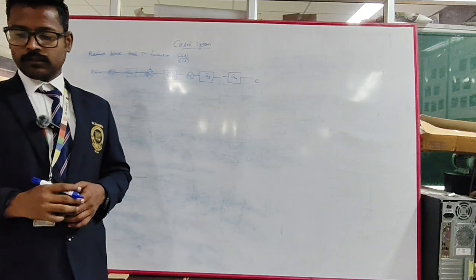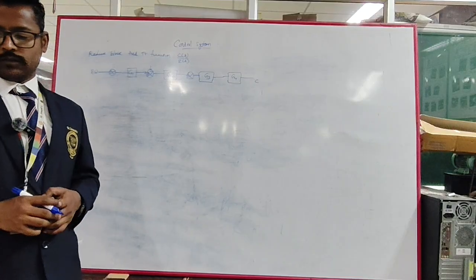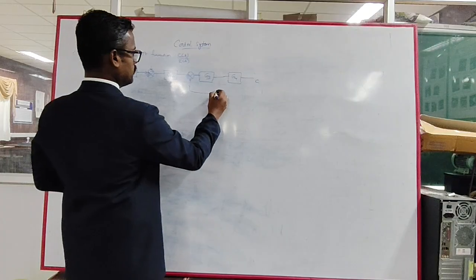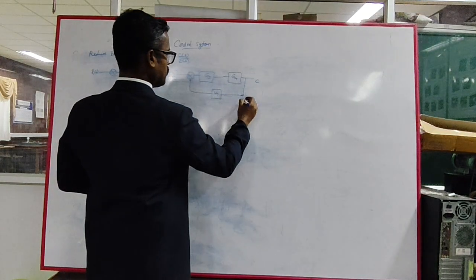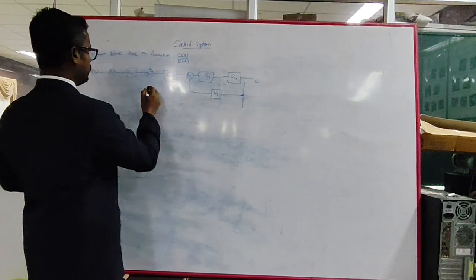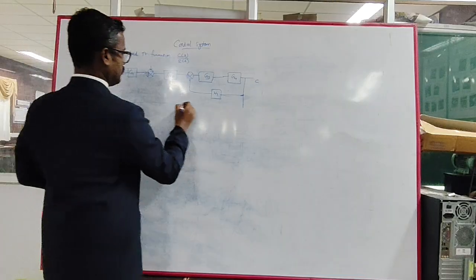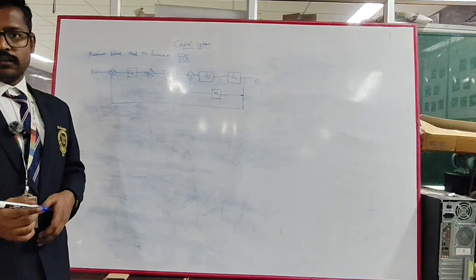Then you have some other feedbacks, H1 and H2. H1 is coming here. Again here also you have some negative feedback. This will be a long feedback without any gain.